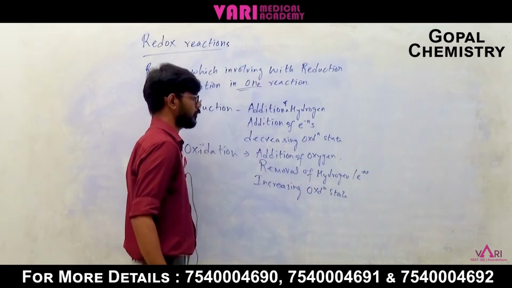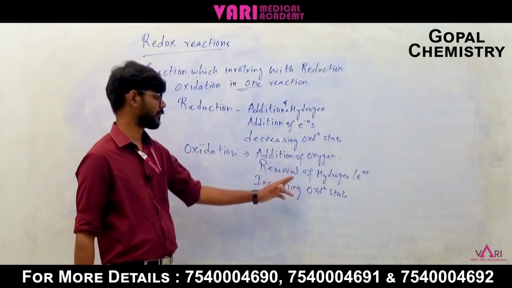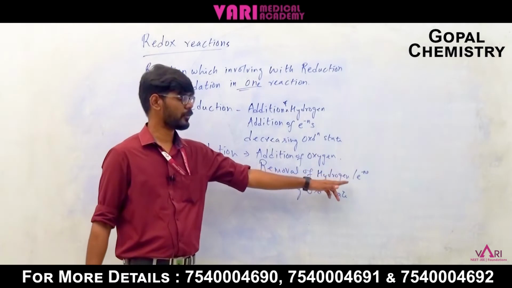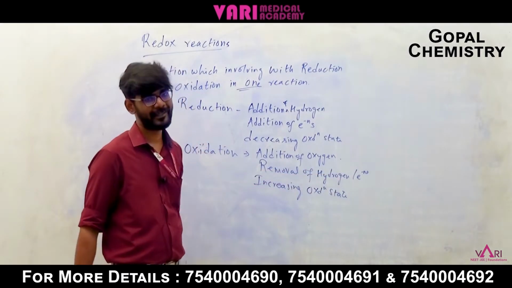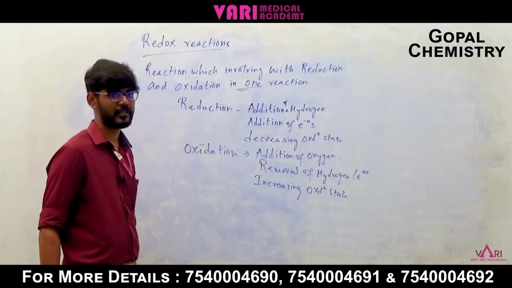So oxidation is nothing but addition of oxygen or removal of hydrogen or removal of electrons and increasing oxidation state. Okay, so this is the explanation for oxidation and reduction.